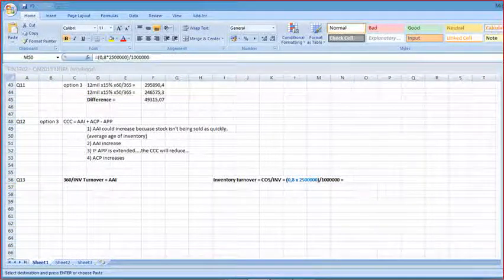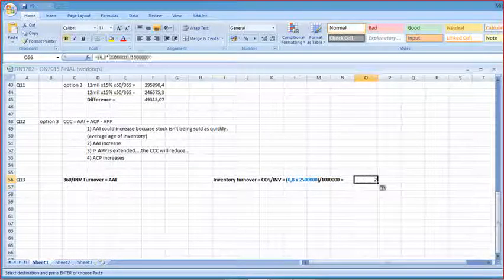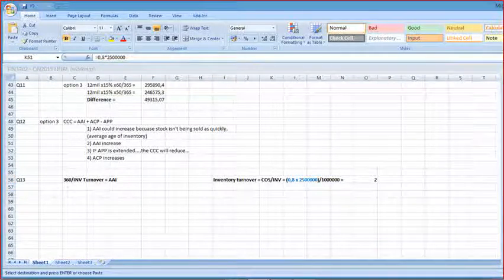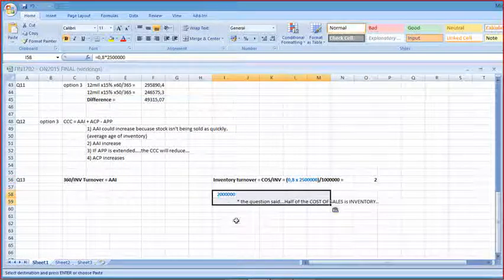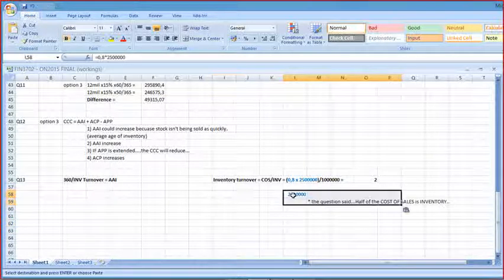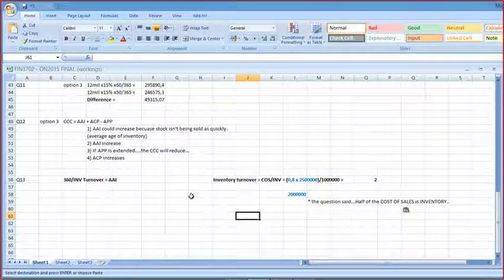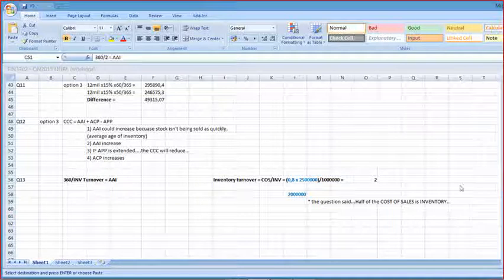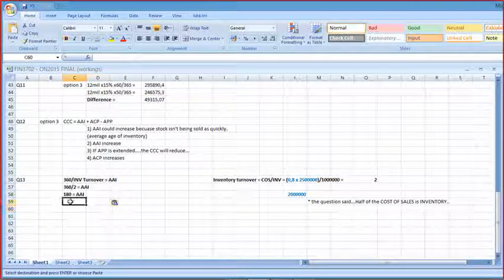Exactly. Okay, and that gives you 2. Right, so is it possible now to work out AAI? Can I work it out? Yes. So what is the AAI? 365, no, divided by 360. The question said use 360 days. Oh, yes. So 180, hey? Yeah. Okay.